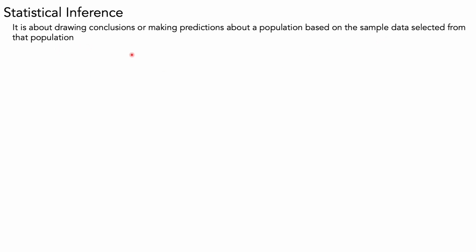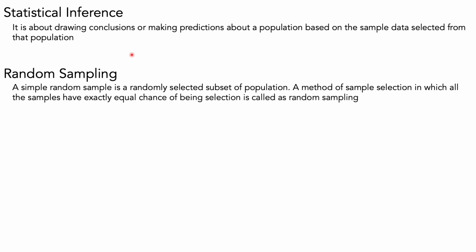When we want to collect samples, one very important thing is random sampling. Sampling is the procedure of collecting or selecting samples. Random sampling is a type of sampling in which a sample is randomly selected from the population without any bias.